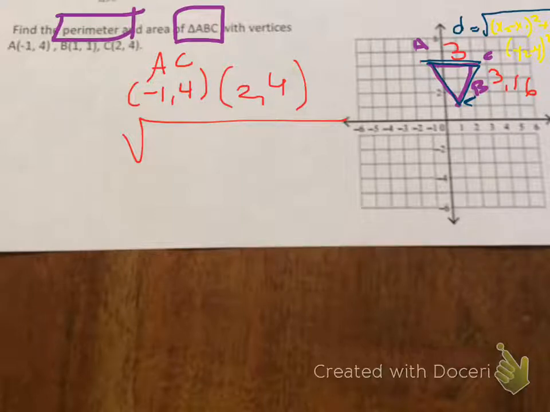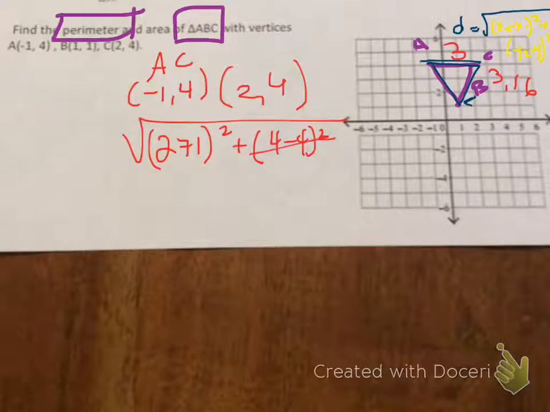So I go 2 minus -1, which is a plus, squared, plus 4 minus 4 squared. So that one's gone because that's going to be 0. This is going to be 3 squared again, which is 9. And 9 square rooted is going to be 3. So this length over here is going to be 3.